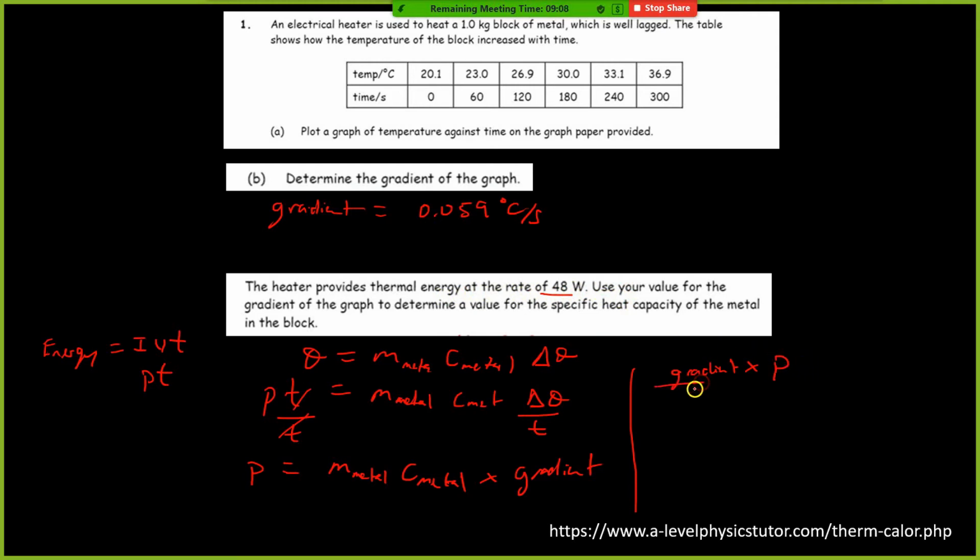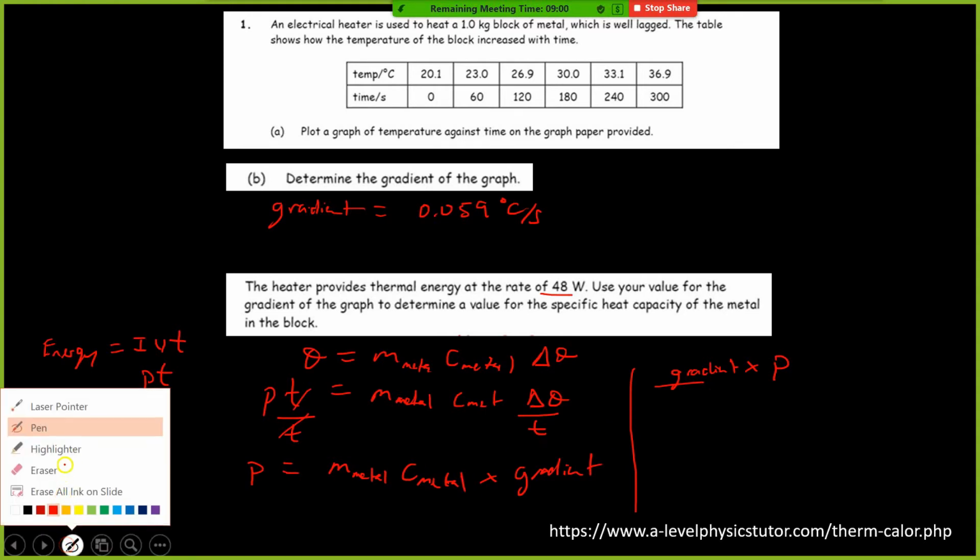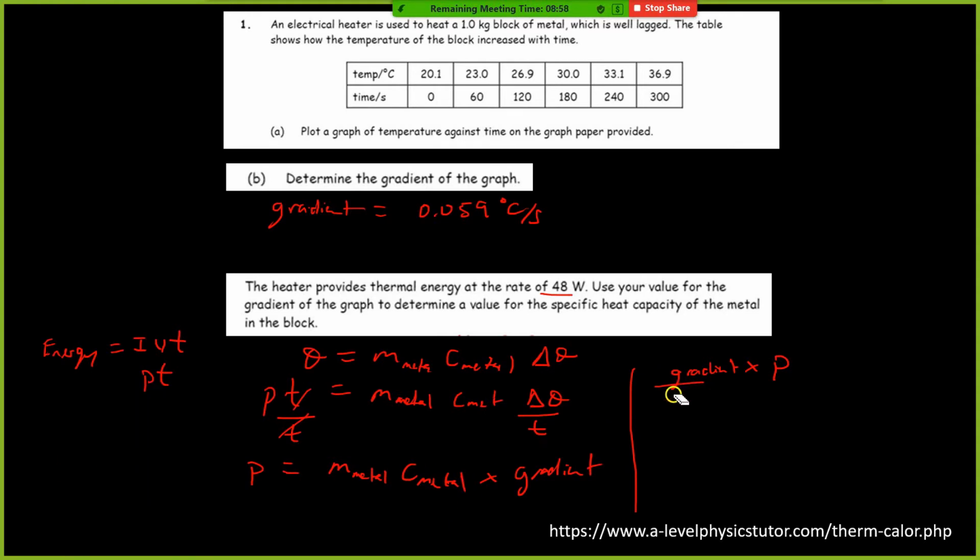Let me see if I'm doing the right thing here. No, let me correct something. The gradient is multiplying on that side, so it would have to be dividing at the end of the day. So bring that across, it's going to divide.